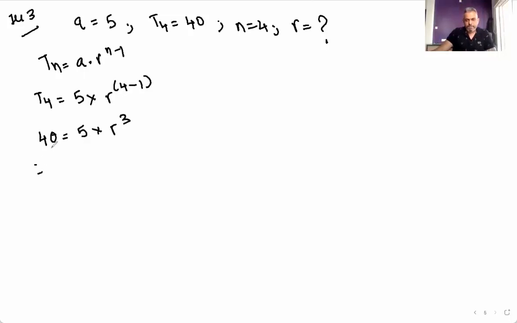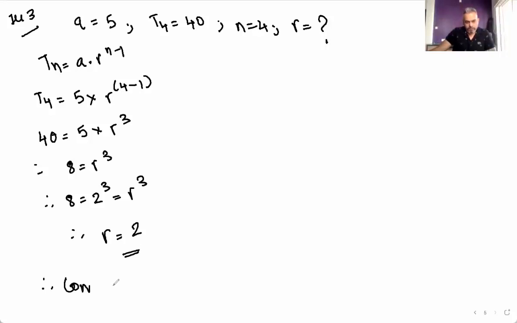Therefore 5 को यहाँ पे डिवाइड कर देंगे तो हो जाएगा 8 is equal to R cube. So 8 is equal to 2 raised to 3, which is R raised to 3. Therefore R is equal to 2. Therefore common ratio is equal to 2. Answer.